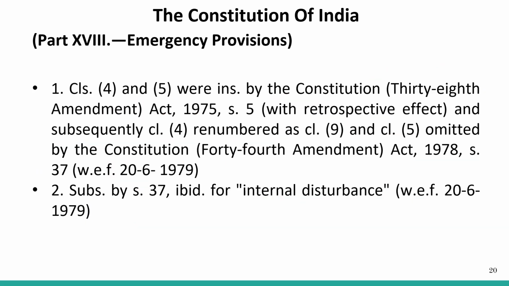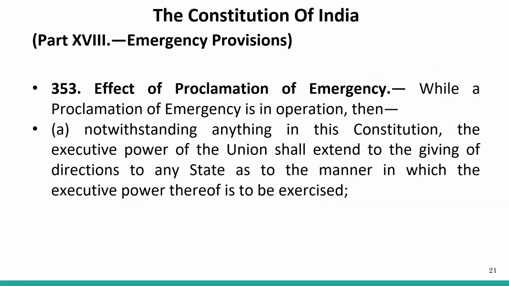Okay, so we have understood Article 352, which is talking about the proclamation of emergency, which is very important because it explains the whole procedure of how the emergency needs to take place. Now we are coming to the clauses which are going to support the main clause of Article 352, which is talking about the emergency provisions. Let's try to understand what exactly 353 is saying. It is saying effect of proclamation of emergency.